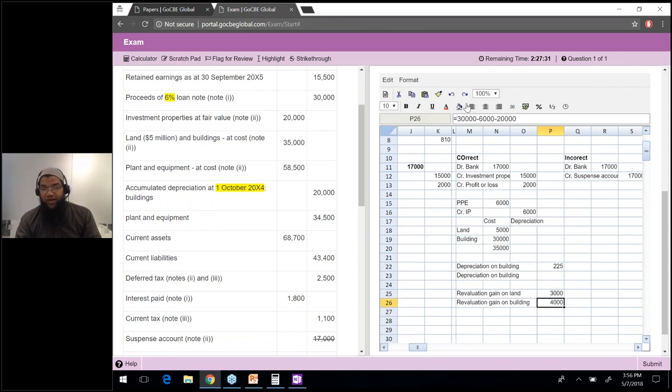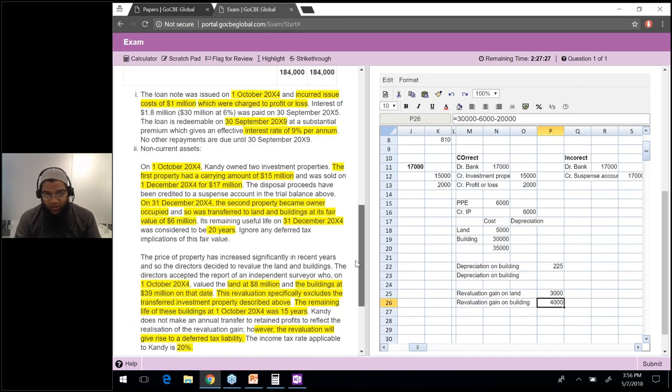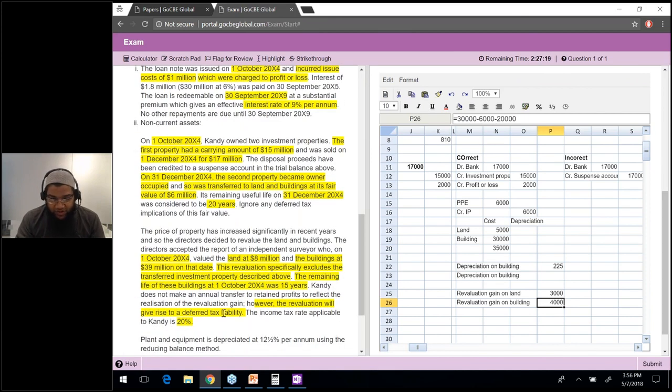So the net book value of the building was 4,000 and the fair value of the building given by the question is $39 million. So the revaluation gain is going to be 39,000 minus the net book value. This is how we are going to calculate the revaluation gain on the building, which is going to be 35,000. And now we need to prepare the accounting entry.